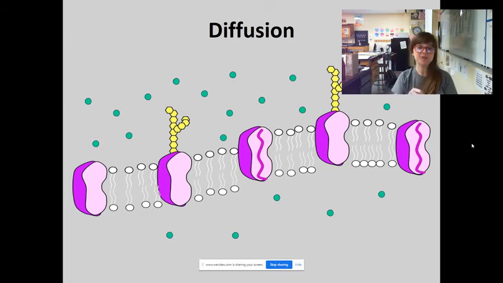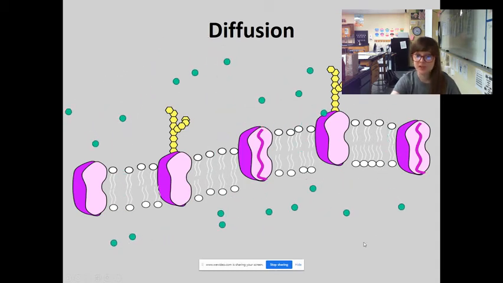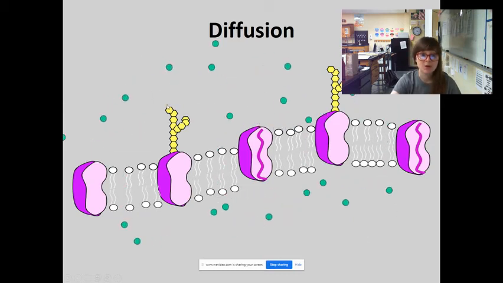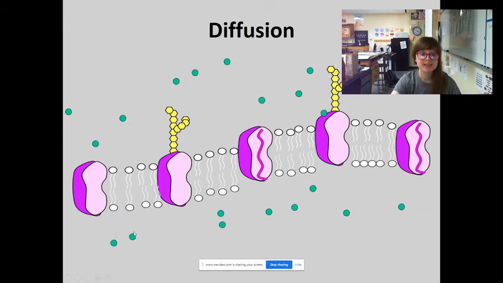So in diffusion, I want you to just watch what happens with this animation. We have a high concentration of molecules up here at the top of the cell membrane and a low concentration of molecules down here. So since we're dealing with passive transport, I want you to think, what is going to be the movement of molecules? Okay, now I want you to watch. Did you see? I'm going to back up, and I'm going to go one more time. So the molecules moved across the lipid portion of the membrane, and now they are more equally distributed.